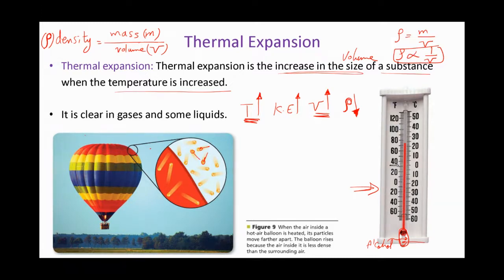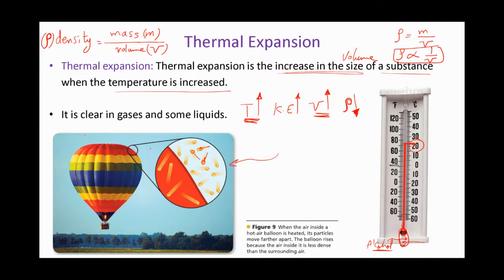This container or this reservoir is connected to a small tube, this one. So the particles of alcohol will move inside this tube until it reaches a certain point. This point is calibrated to give you a certain temperature. So that's the thermal expansion of the mercury or alcohol in the thermometer.